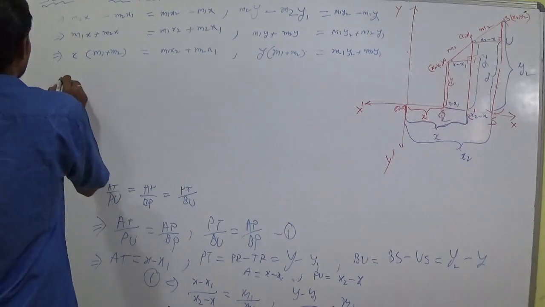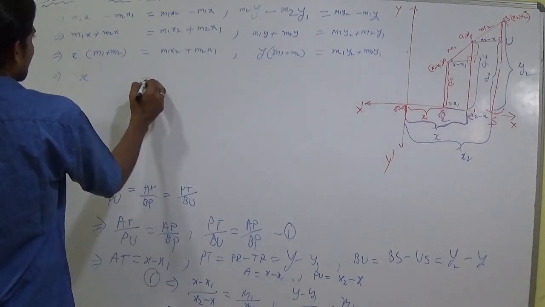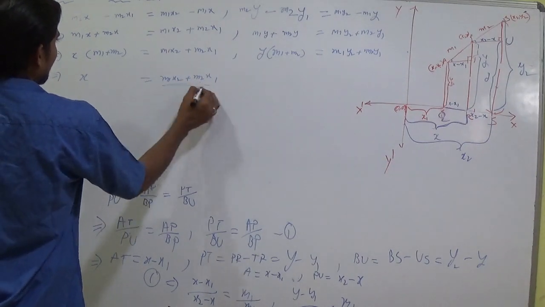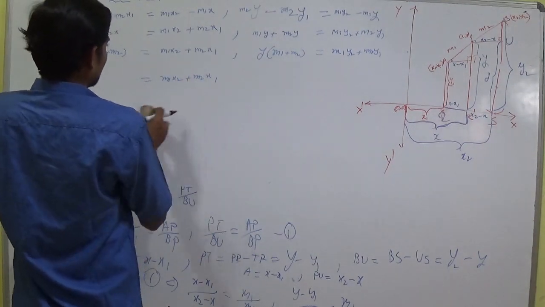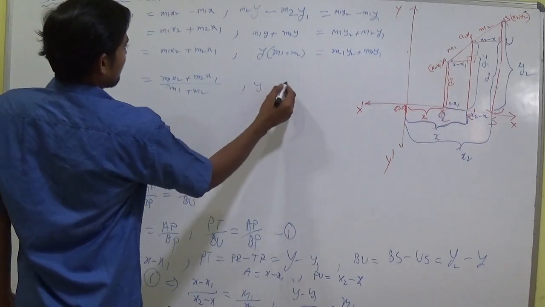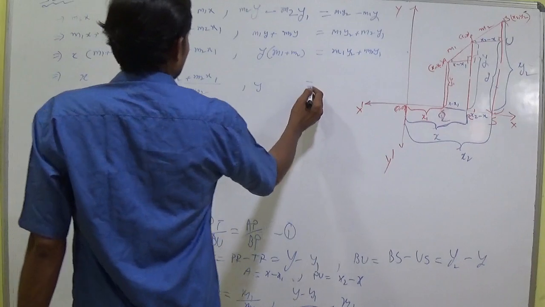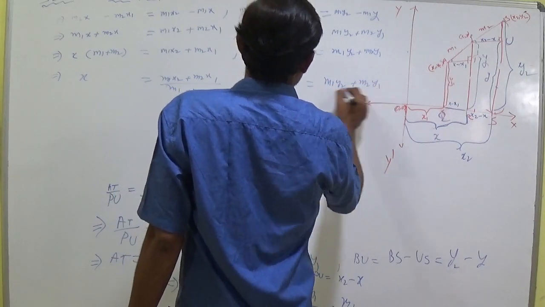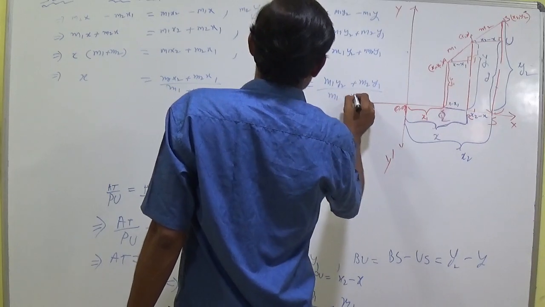So x equal to m1x2 plus m2x1 by m1 plus m2, y equal to m1y2 plus m2y1 by m1 plus m2.